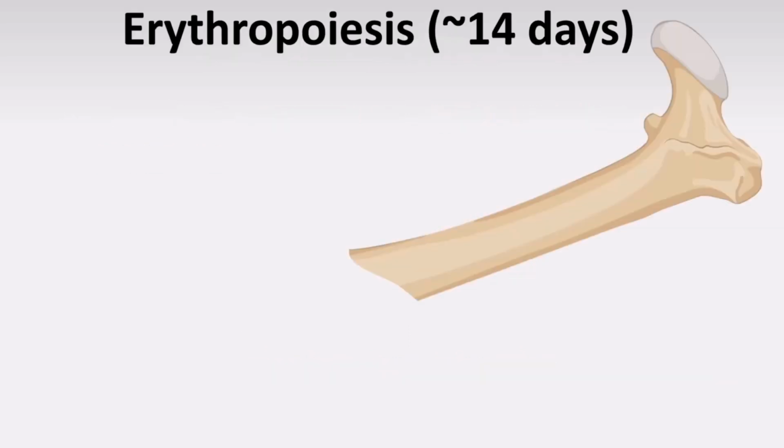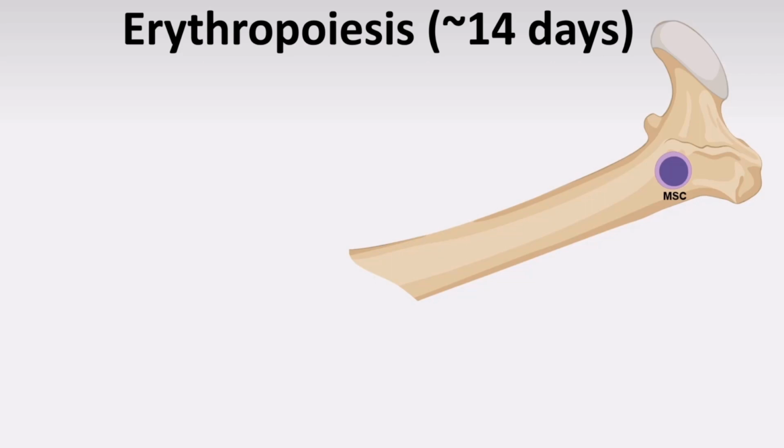Alright, let's get started. Now when it comes to erythropoiesis, we are talking about a process that takes about 14 to 21 days. It takes place inside the bone marrow itself. And it all starts with, as you have learned from the hematopoiesis lecture, the myeloid stem cells.